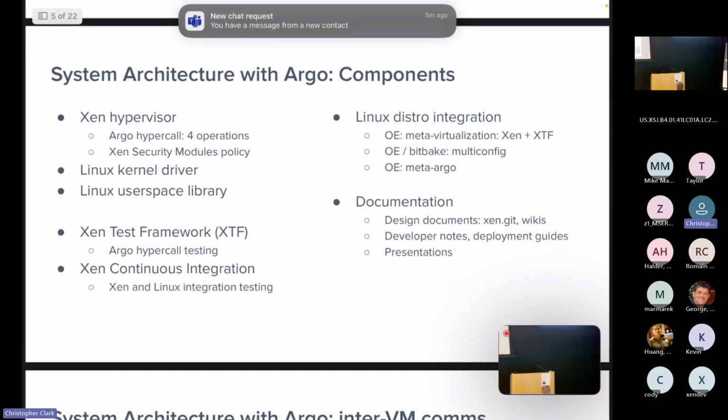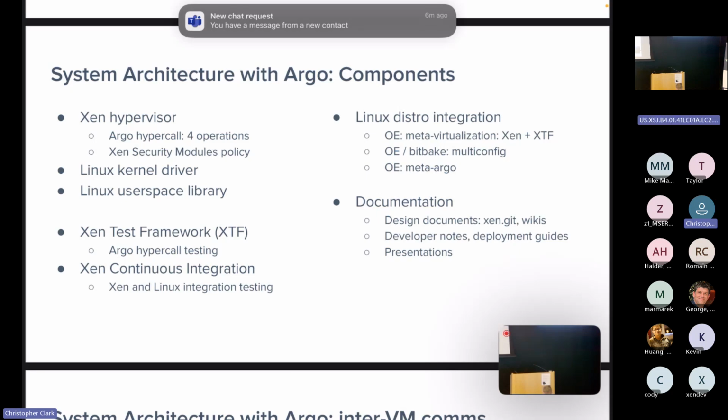And these are the open source components that it comprises. There's the logic in the hypervisor, there's the Linux kernel device driver, there's the user space library. There's also aspects for testing it in the Xen test framework and the Xen CI system. Each of these have their own open source components that have Argo integration.